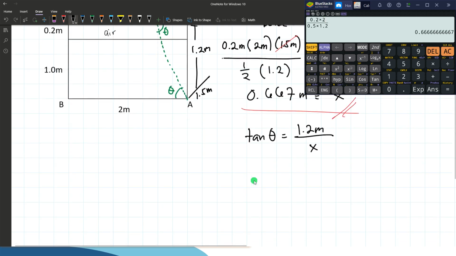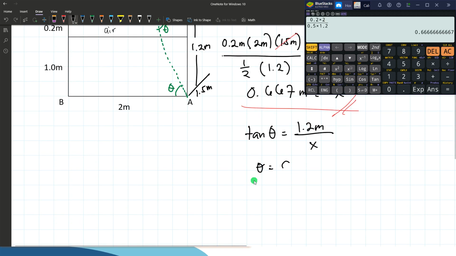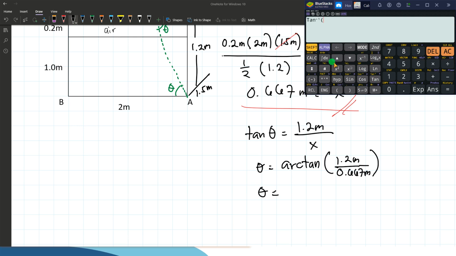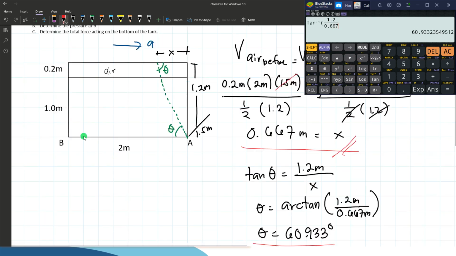So theta equals arctangent of 1.2 meters over x. Let's substitute x, 0.667 meters. So theta equals arctangent of 1.2 over 0.667, 60.933 degrees. That's the angle.